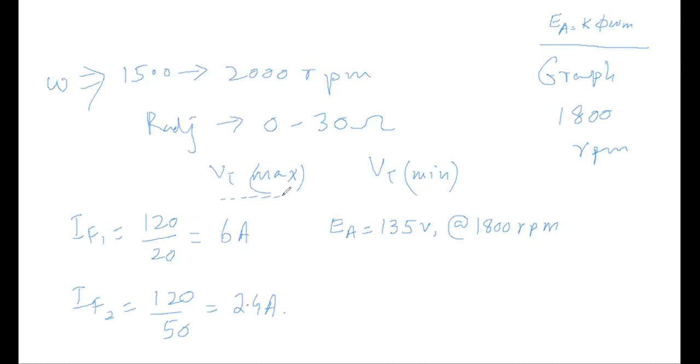So what I can do is find VT max. Okay, how can I find VT max? VT max would be maximum when EA is maximum, and when EA is maximum, that means my omega should be run at the maximum value.